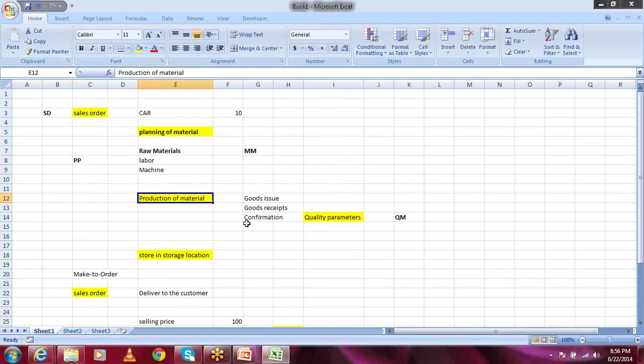During the MRP run, the system will not consider the capacity. So the output of MRP is a planned order, but it won't consider the capacity.